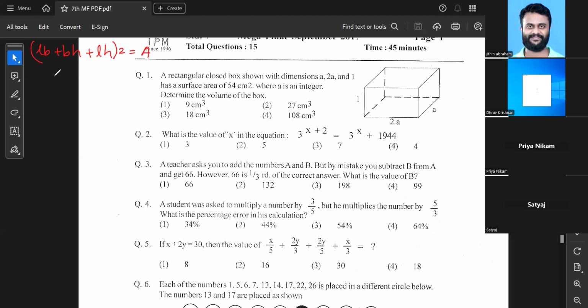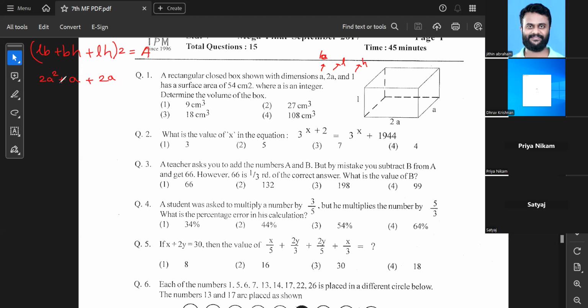Okay. So let me consider L as 2A, B as A, and H as 1. So LB will be 2A square, plus BH is A, plus LH will be 2A, multiplied by 2 is equal to the area.